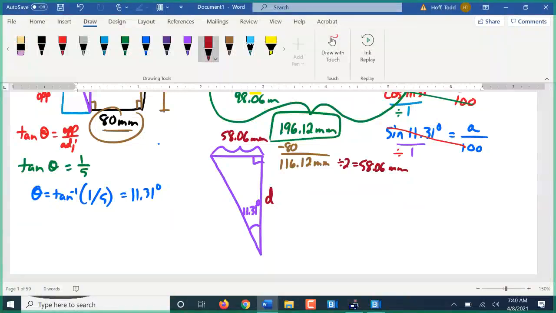According to the angle, the 11.31 degrees, the 58.06 is the opposite side. Side D is the adjacent side, which makes up a tangent.